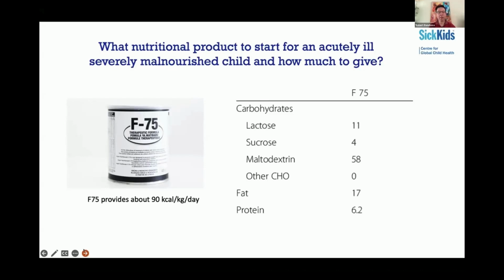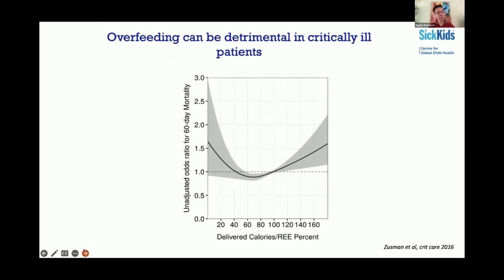But think about that number of 90 kilocalories per kg per day. There is growing evidence, both from the high-resource nutrition and critical care communities, that if you are acutely ill, you should not overfeed and you should not underfeed. And that balance is very, very tight. So if you are, especially over long periods of time, severely underfed, you remain very catabolic and you won't be able to really build up that resilience.